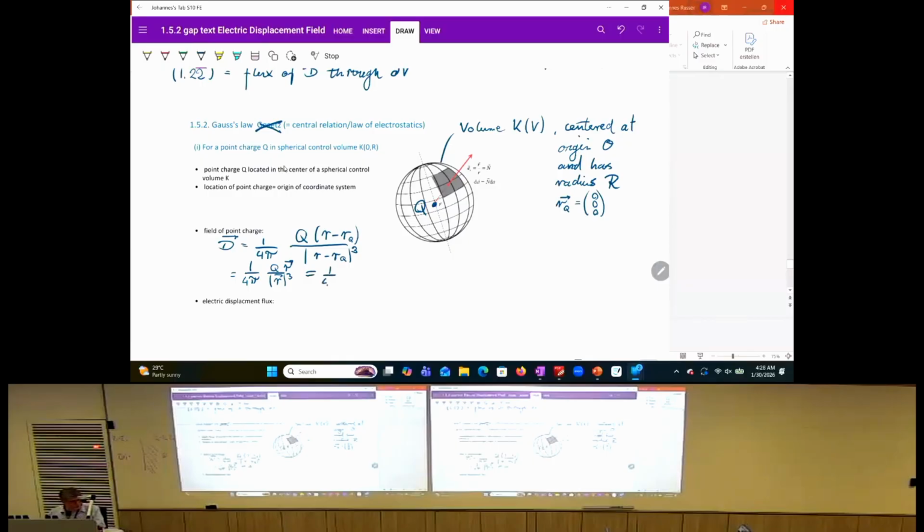This is nothing else than Q over 4 pi r squared, and this is just again the unit vector e_r. And the absolute value of the unit vector e_r is of course 1. So this is the normalization of the vector r here.